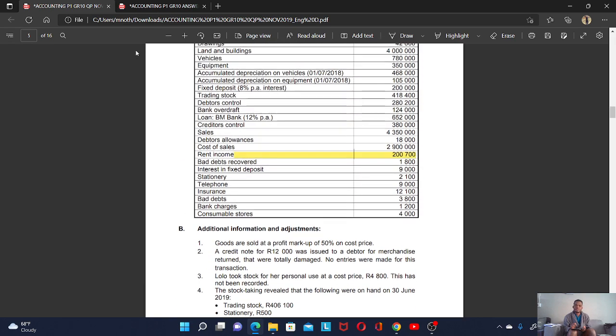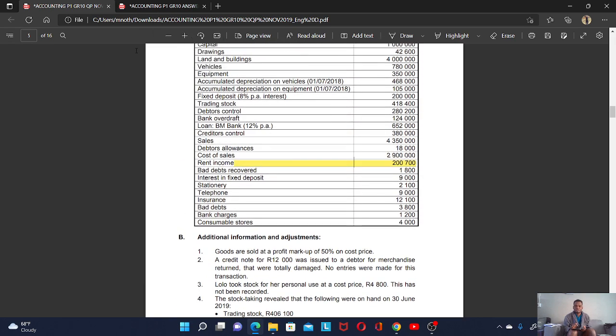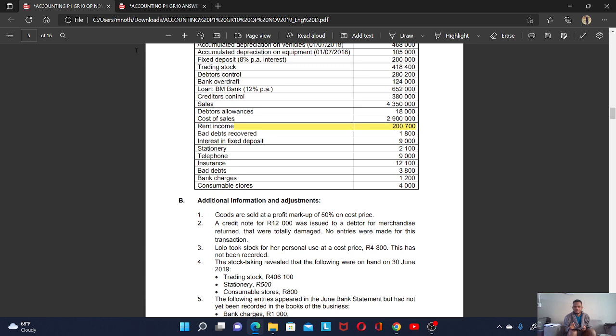So now let's look at this. The trading stock that we have is 418,400. So if we decrease it by this 4,800, and then you look at the trading stock on number four, which is on hand, we can see that even if we subtract that 4,800 from that 418,400, we are still going to have a trading stock deficit.